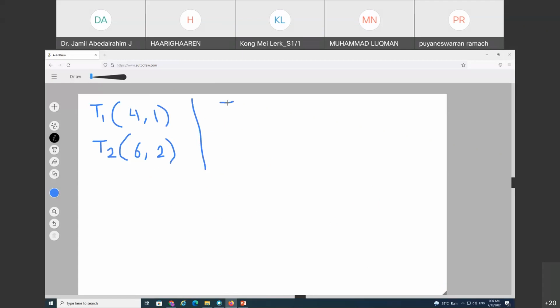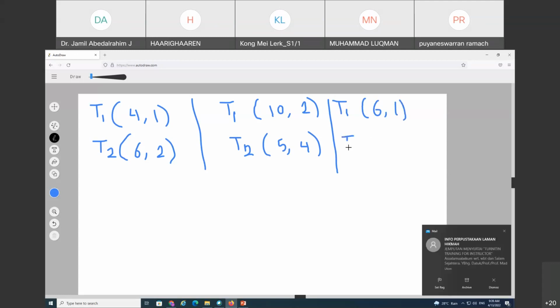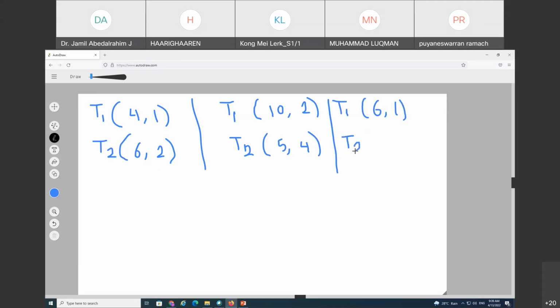Let me give you a few examples and you tell me which one is harmonic, which one not. 10, 2.